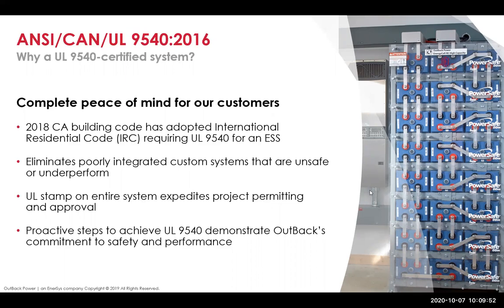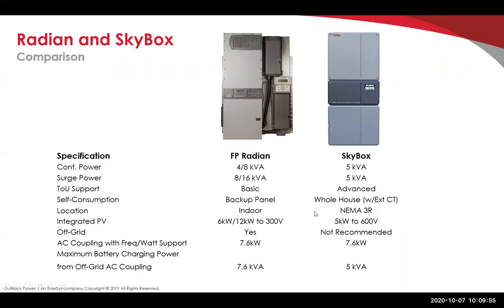Okay, I don't want to spend a lot of time on specs, I just want to do some comparisons here between our Radian inverter and the SkyBox. The Radian uses charge controllers to do the DC-DC conversion, taking the PV input from the combiner box, using that for charging the batteries, and also providing the DC input from the PV array to the inverter.